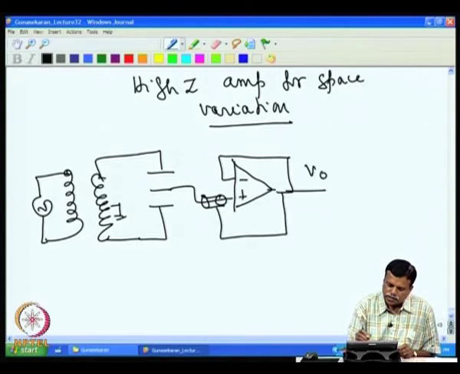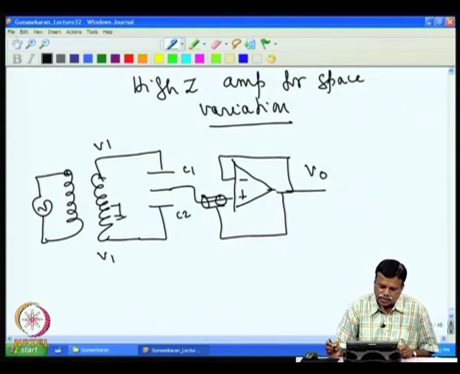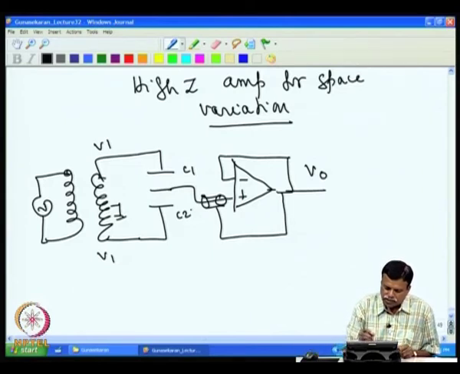That is coming as V1, V0, and then V1, and then we will have C1 here and C2 here. Now, this also can be analyzed in the same form, and then we can show that it is also not linear, because we can write the same voltage equation by using the superposition theorem.